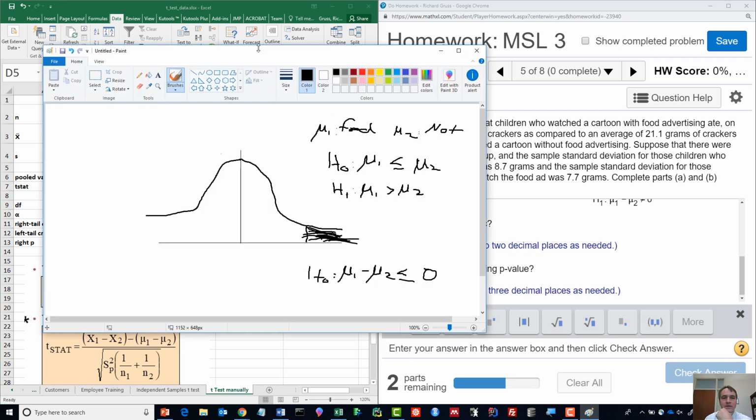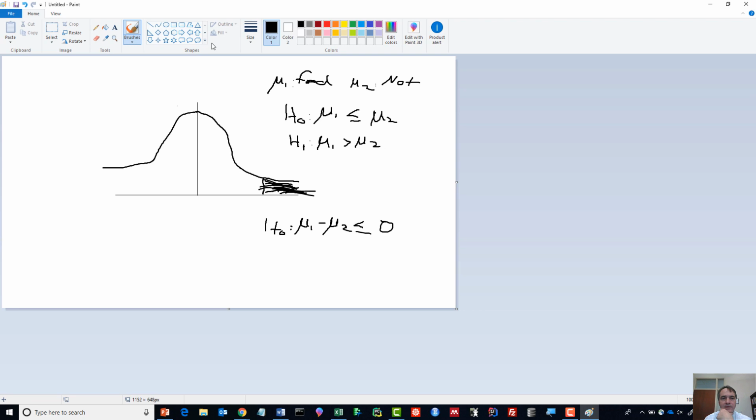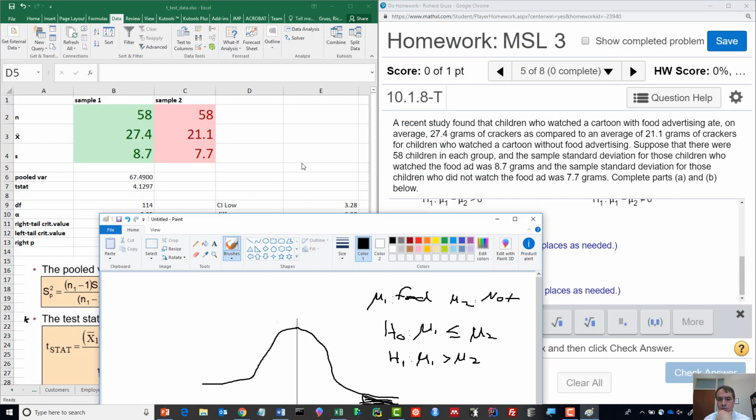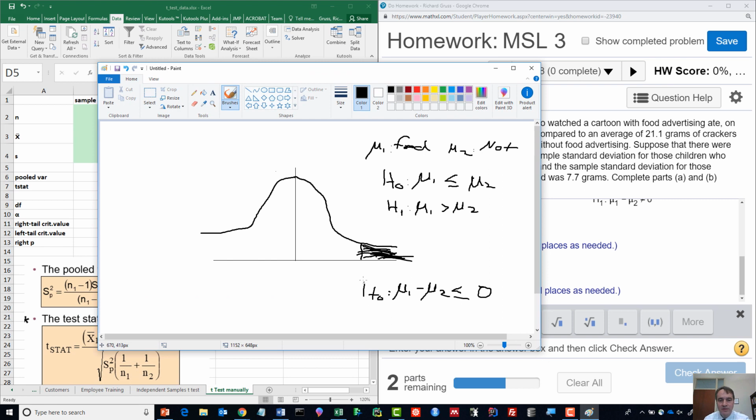What we want to know is we've gotten our t statistic, and it's positive, it's 4.13. So we wound up getting something out here, 4.13. And what we want to know is how much area is there to the right of 4.13.